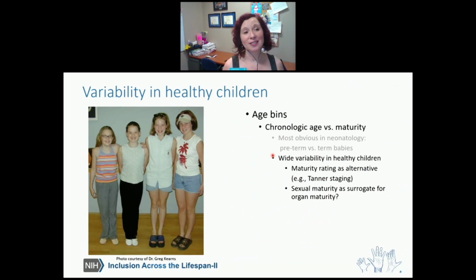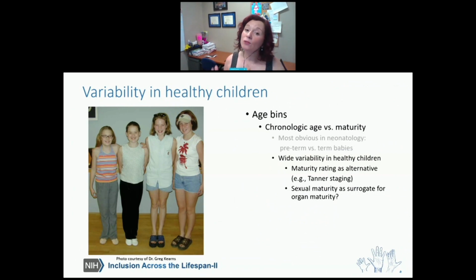Well, the easiest way to illustrate this is to show you a picture from a birthday party. These are 12-year-old girls, all born in the same month, in the same year. And I think you can see clearly that even though they're so close in chronological age, two of the girls are clearly prepubertal with very different organ maturation than the two girls who are post-pubertal.